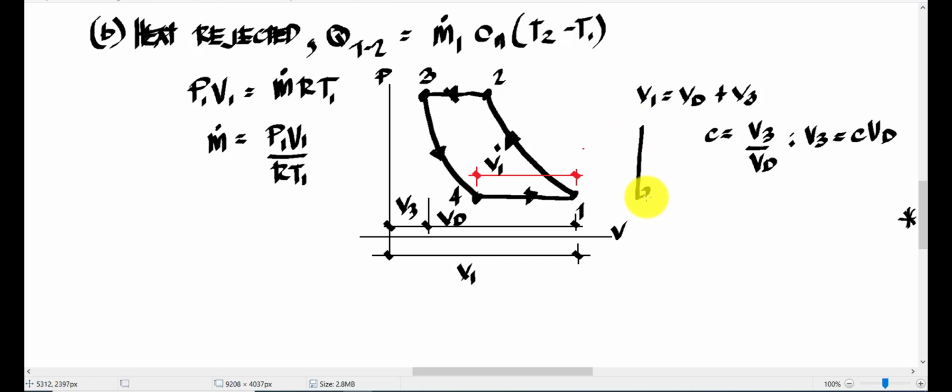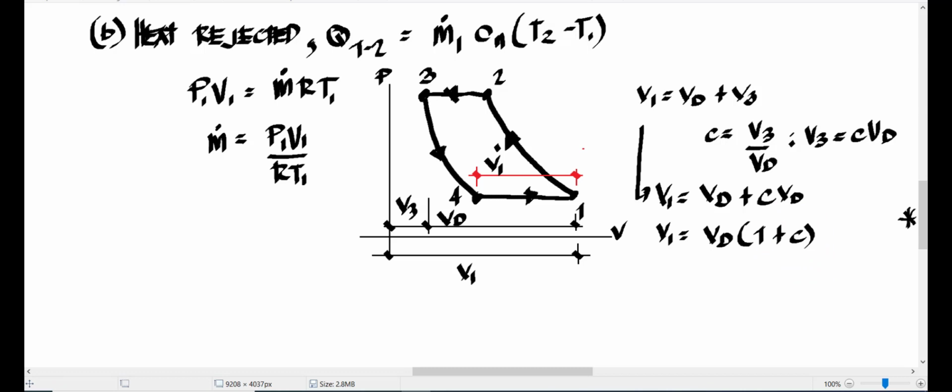So we write an equation for your V1 is equal to VD plus C times the volume displaced. And we can factor this as volume displaced multiplied by 1 plus C, for your clearance.